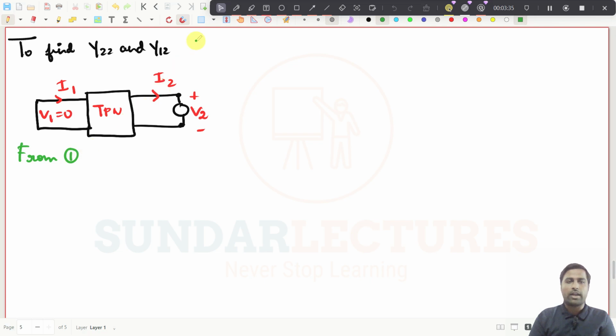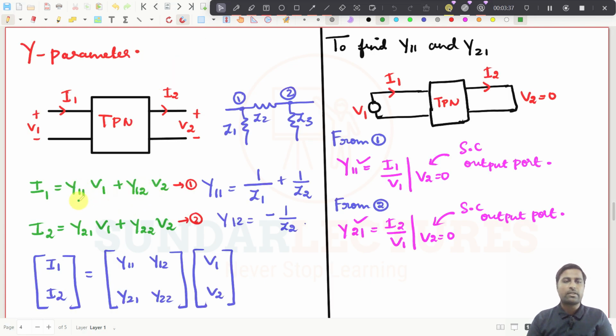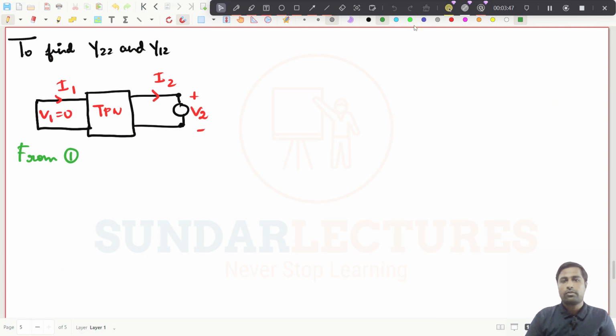And from expression number 1, what happens now? V1 becomes 0, so Y12 will be equal to I1 by V2, where V1 is equal to 0. Here the condition is short circuit the input port.